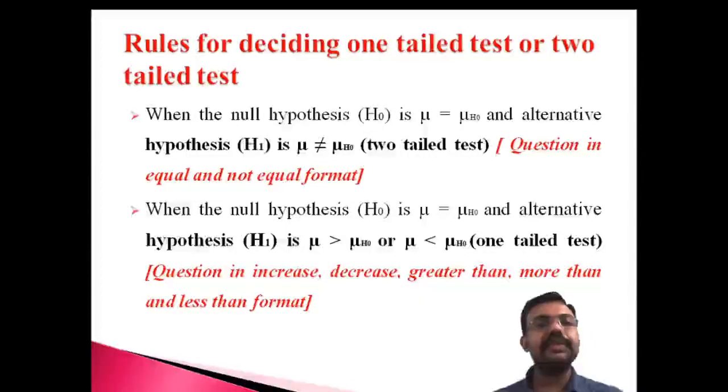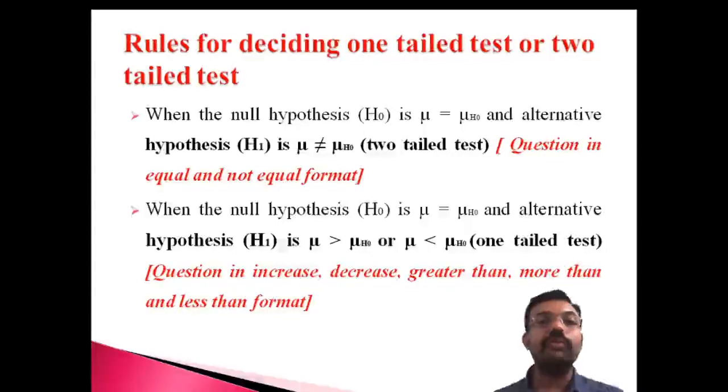For example, H0: mu1 equal to mu0 and H1: mu1 not equal to mu0 is the not equal format, so it is two-tailed. Suppose the question is in the form of increase, decrease, less than, greater than; we can decide that it is one-tailed. That is the logic of selecting one-tailed and two-tailed.